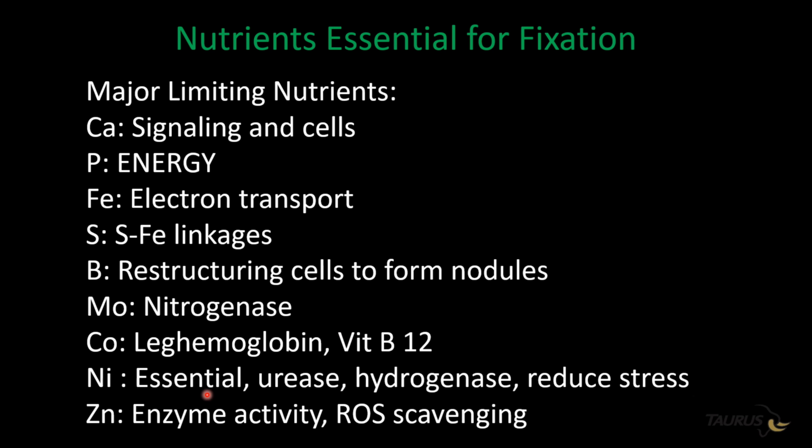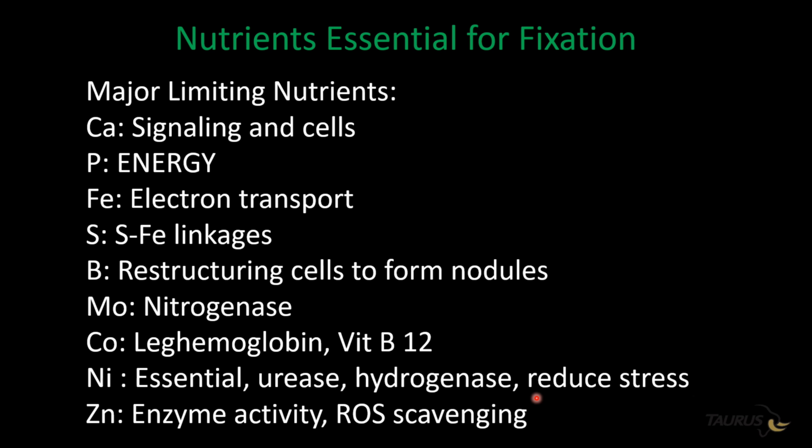Nickel is now one of the essential nutrients that are required in plants, and it's involved in urease, the enzyme that breaks down urea, and there's some urea that gets sorted out in the plant, and it needs to break it down into ammonia and then ammonium. It also is involved in the enzyme hydrogenase, which is used in the plant to deal with hydrogen, because hydrogen ions can become toxic, so they have to be broken down.